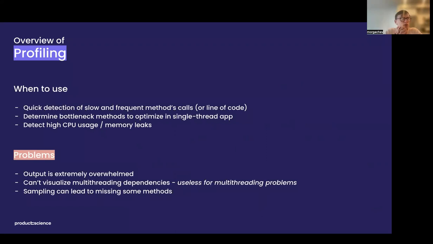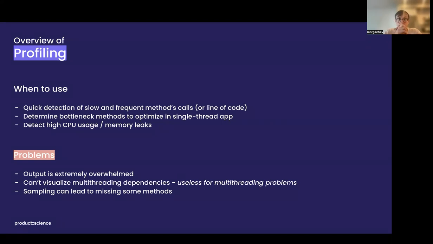When is it good to use such a tool? It's a really quick approach to detect slow, frequent method calls. In some profilers, it even allows you to measure this data for lines of code.